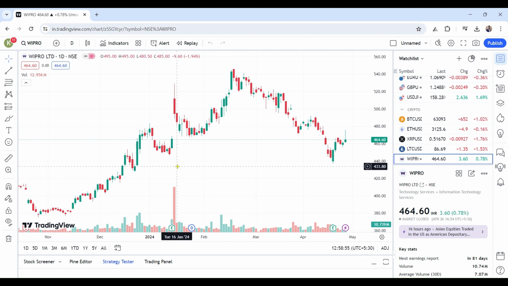In this, I'm gonna add the moving average indicator. Before that, I will explain what is moving average. Moving average is nothing but, let's say for 5 days, you will take the closing price of last 5 days divided by 5. That will give the average price for today. Likewise, you can do for 10 days, 20 days, 50 days.